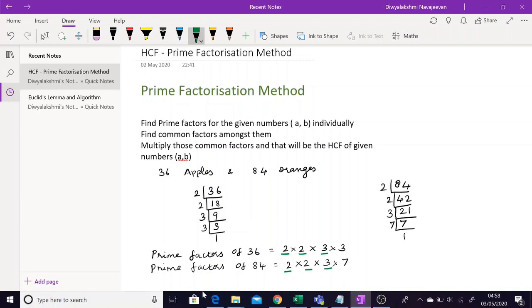So we now identified the common factors. Now the method to find the HCF is actually multiplying these common factors. So HCF of 36 and 84 will be 2 multiplied by 2 multiplied by 3, which will be 12.